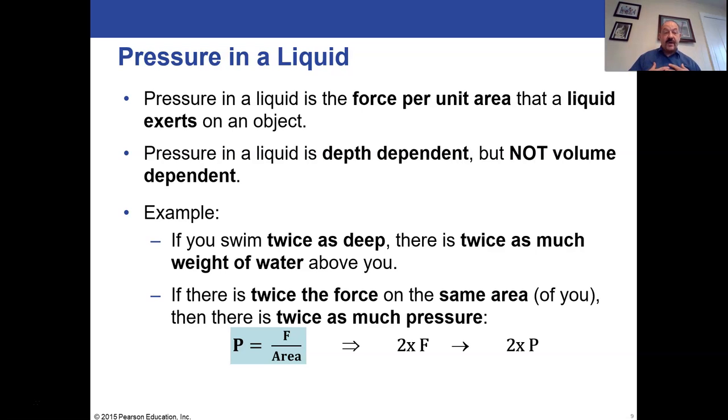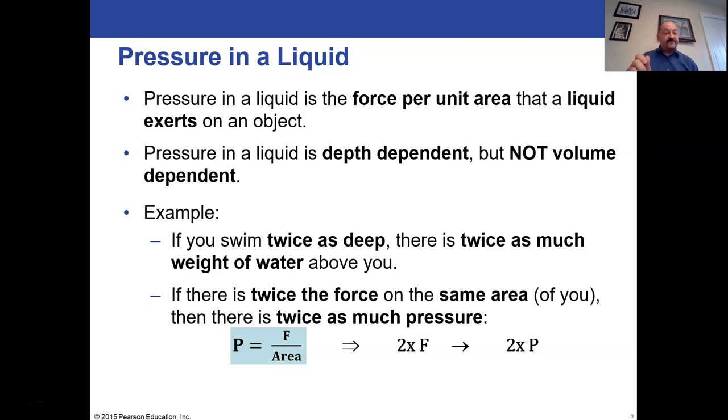You're the same area, you haven't changed, you've just gone deeper, and now there's a lot more water on top of you, more force, more weight. The force, or weight in this case, divided by the same area, the force is doubled, you will double the pressure. So if you look at this formula, P equals F over area, P is directly proportional to force. Pressure is directly proportional to force. Pressure is inversely proportional to area.